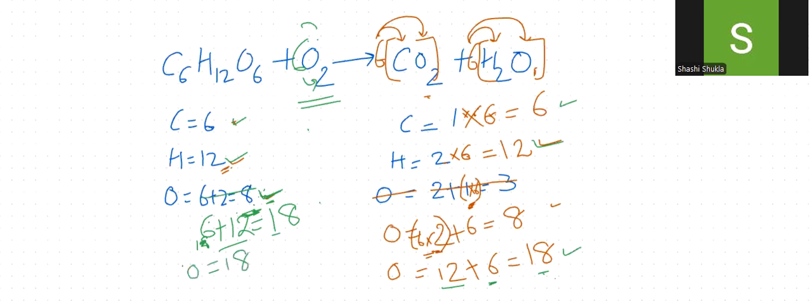Now let's go and see. 6 and 6 balanced. 12 and 12 balanced for hydrogen. 18 and 18 balanced. So let me write the final equation. Let me write it on the right hand side this time. Let me change the color.